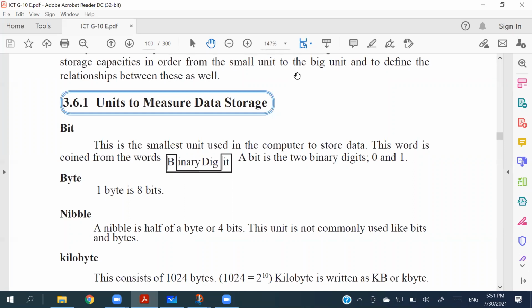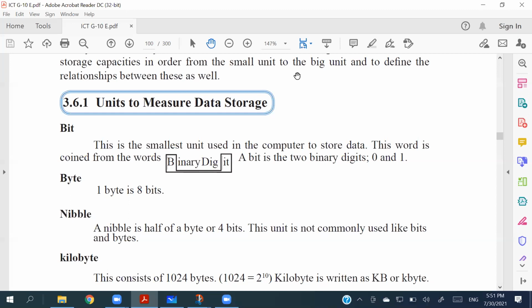So bit is an abbreviation of the words binary digit. You can see how the bit is formed: B from the binary word and IT from the digit word. And this bit indicates a 0 or a 1 in the computer.